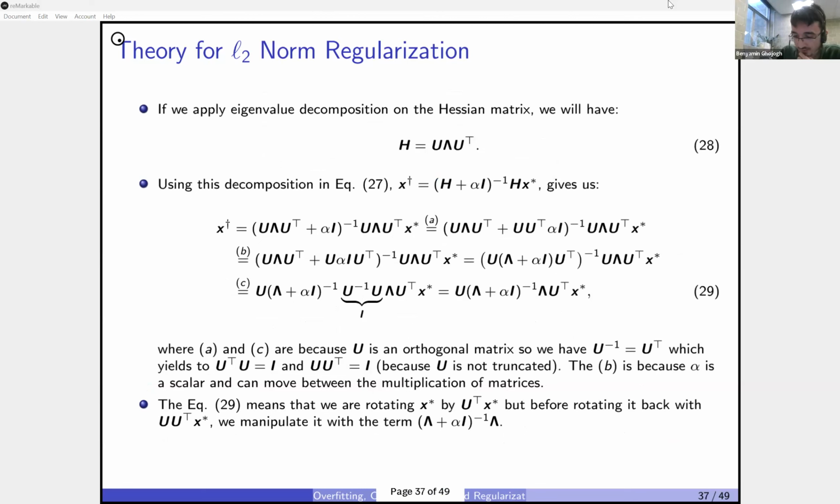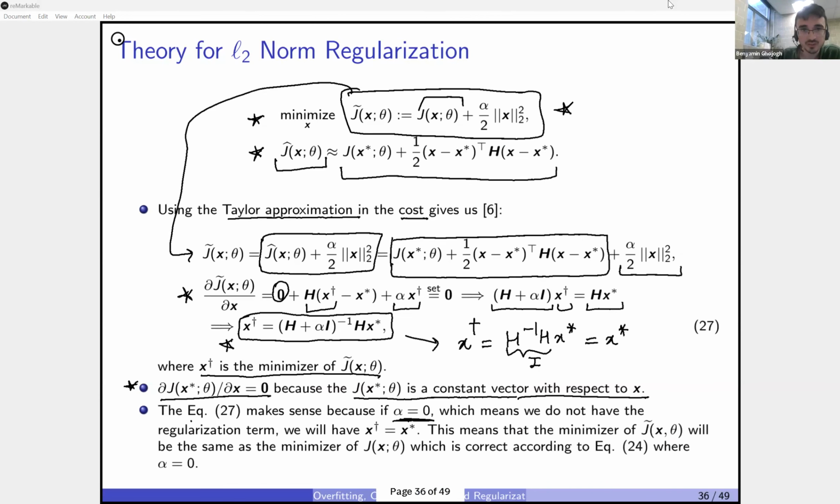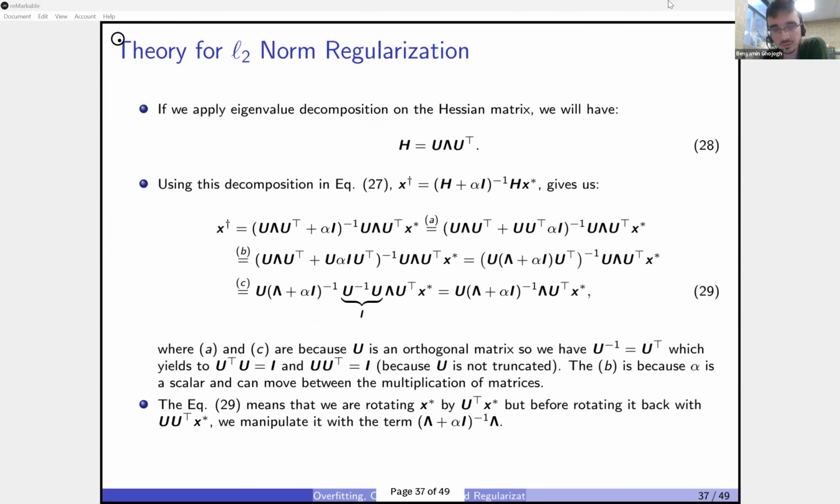Now let's continue this solution that we found. Let's continue equation 27 here in this slide. We have the Hessian term in that equation 27. Let's use eigenvalue decomposition on the Hessian matrix: U lambda U transpose.